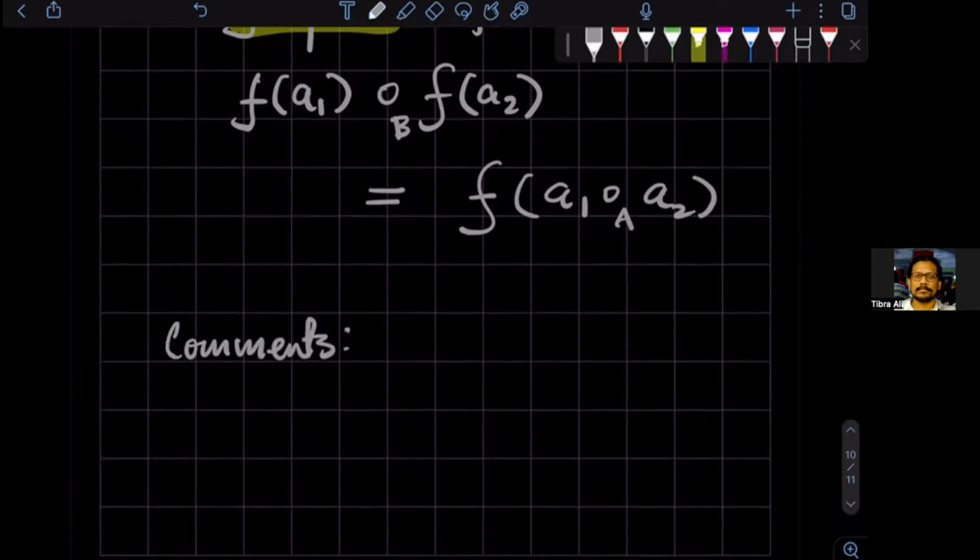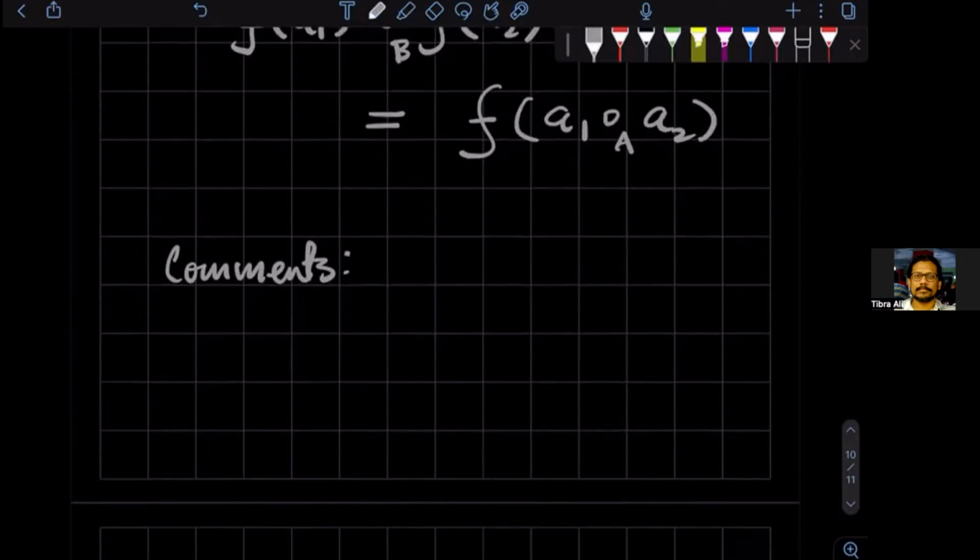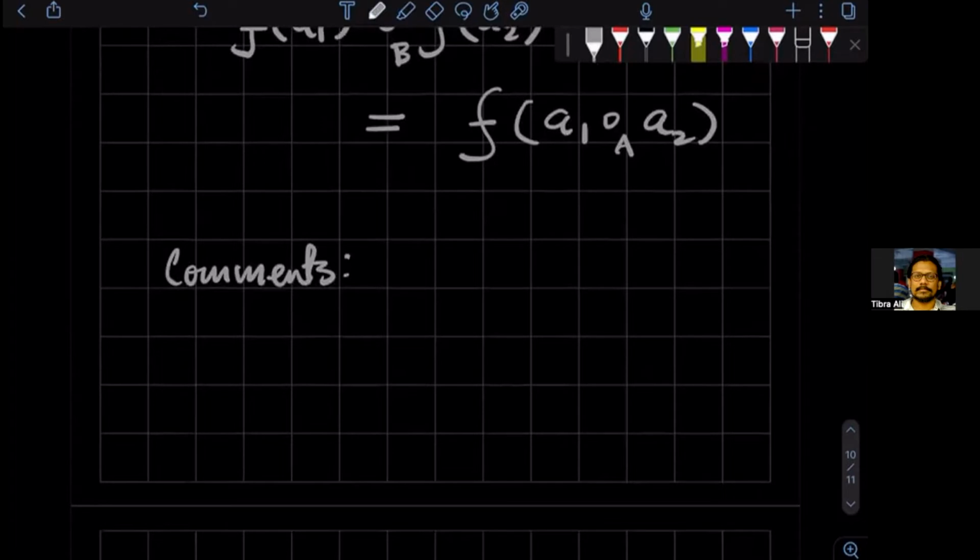And if you're in the next class or the class after, we can just discuss this if people didn't have issues. Actually no, sorry. Let me make some comments about homomorphisms in general.